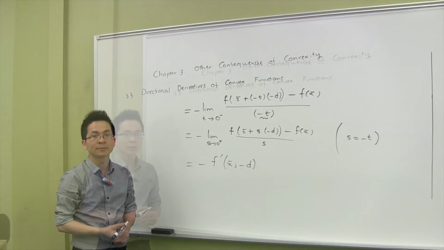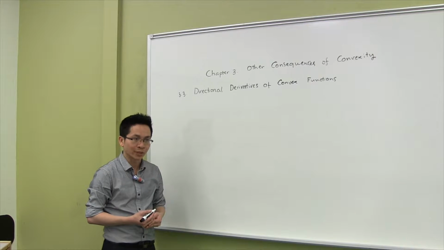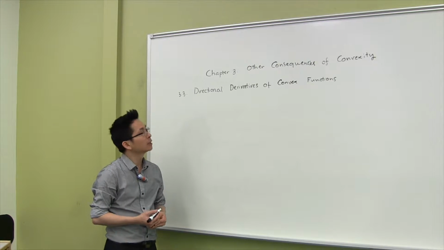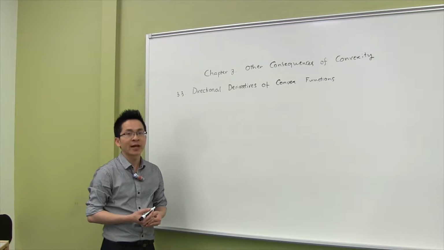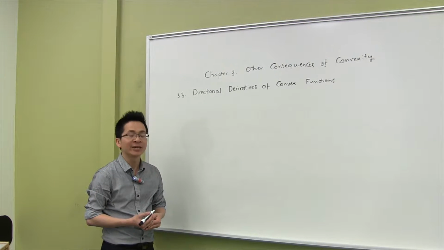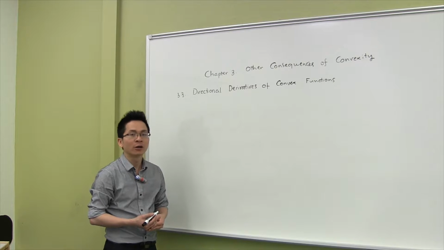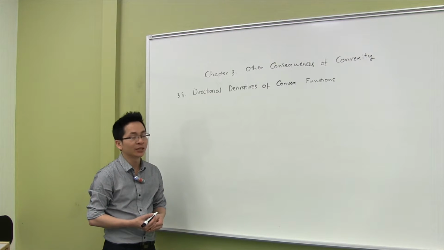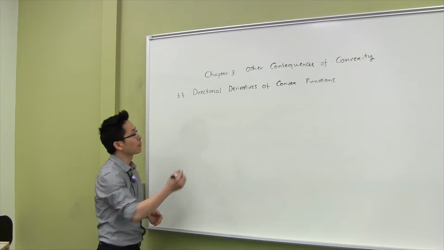Our next goal is to show that for a convex function, the directional derivative at any x bar in the domain of the function in any direction d exists. In order to achieve the goal, let me introduce an important lemma.